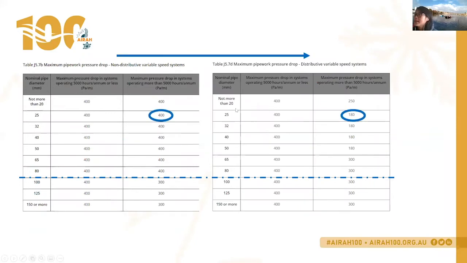In blue here, what I wanted to show you was a non-distributive system versus a distributed system on the right. And you can see that for the same pipe size, both operating variable speed and both operating more than 5,000 hours per annum, the requirement for a distributive system is more stringent compared to a non-distributive system.